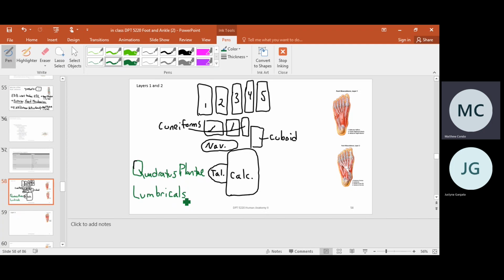Now, the good news is that my lumbricals are going to have the exact same action in the foot that they did in the hand. They're going to have the exact same sort of attachment.